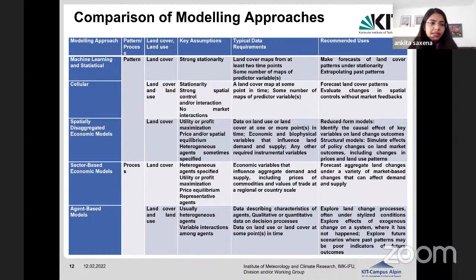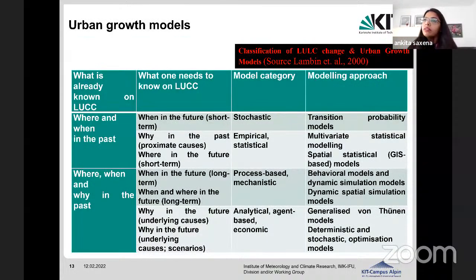And these are the other things we need to take into consideration before deciding what model and what modeling approach we are targeting to use, because it depends also on what kind of analysis we want, or what kind of data we have.